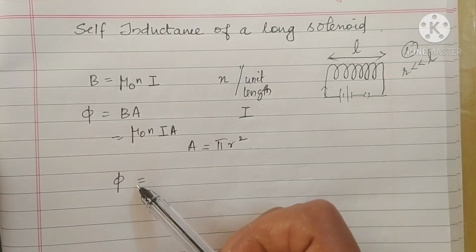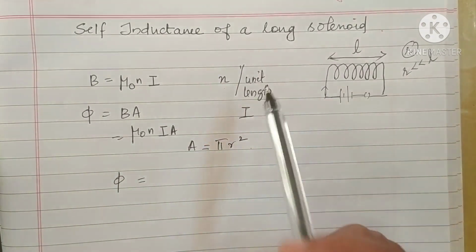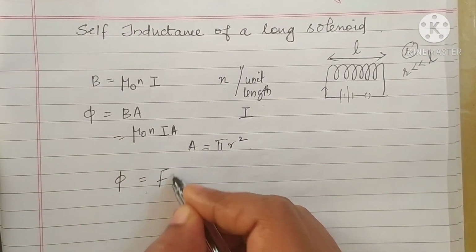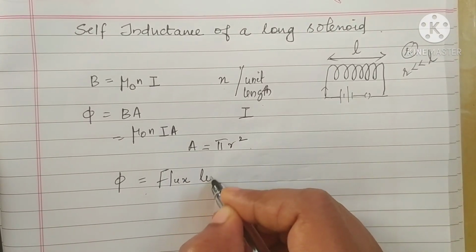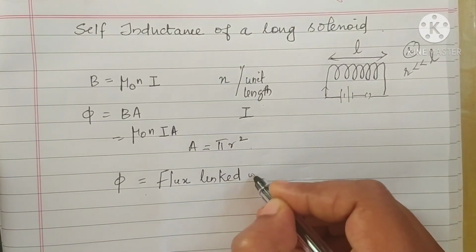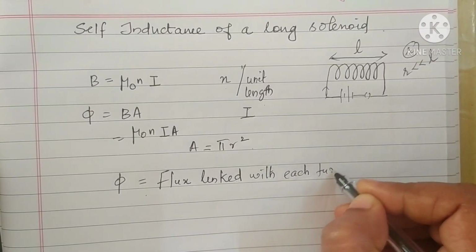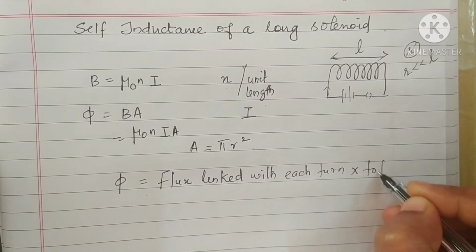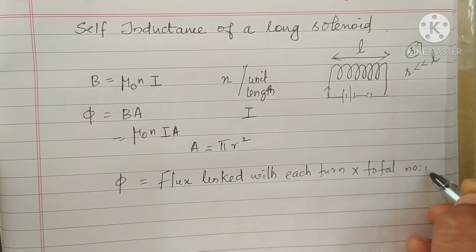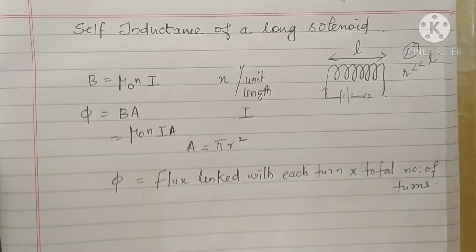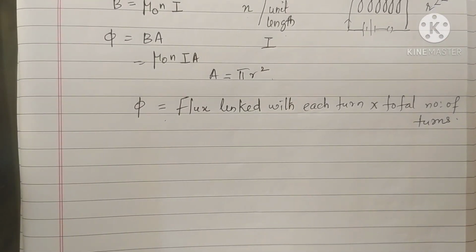If we want to find the magnetic flux linked with the entire solenoid, you can write phi is equal to the flux linked with each turn into the total number of turns.